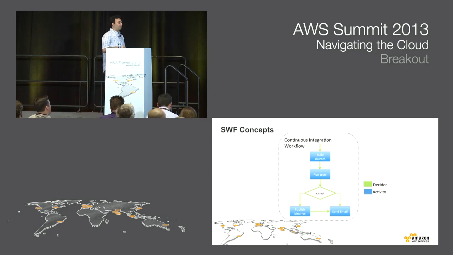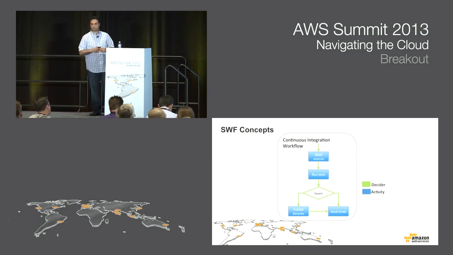In simple workflow terminology, we call it the decider. When you implement a workflow, you implement a separate component which makes those decisions. And then everything else in your application becomes an activity. It's all the individual steps, the heavy lifting, the independent units of work. In our case, it was building the sources, running the tests, publishing results, and sending email.